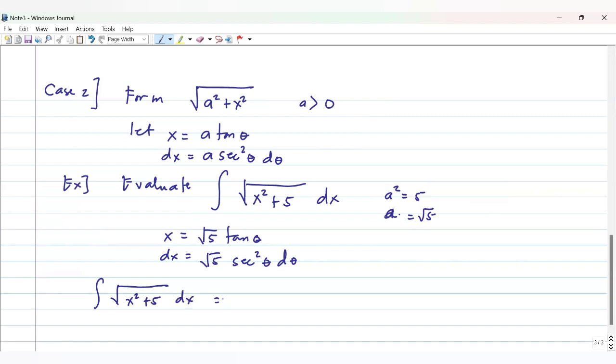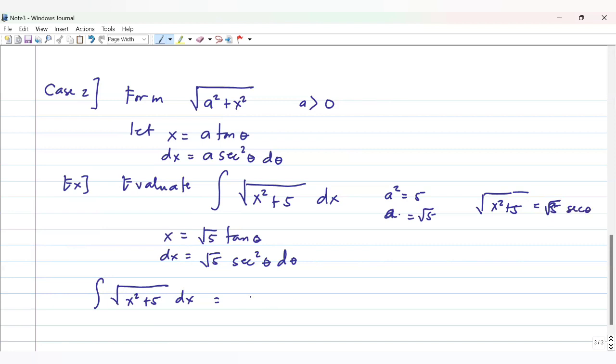Okay, so we know that our square root of x squared plus 5 actually is equal to a, or the square root of 5 secant of theta.